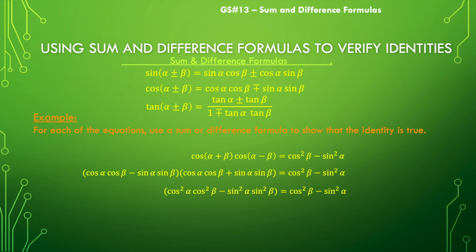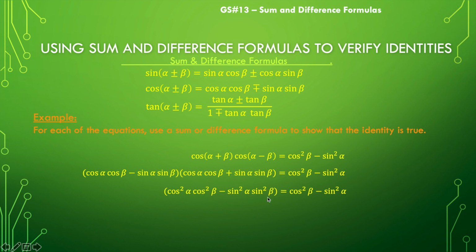Okay, so now if I know that's what I want it to look like, notice that I have a cosine squared of beta here and a sine squared of alpha here. So I'm going to think about what can I do with this cosine squared of alpha to make it look a little bit different, and the sine squared of beta.